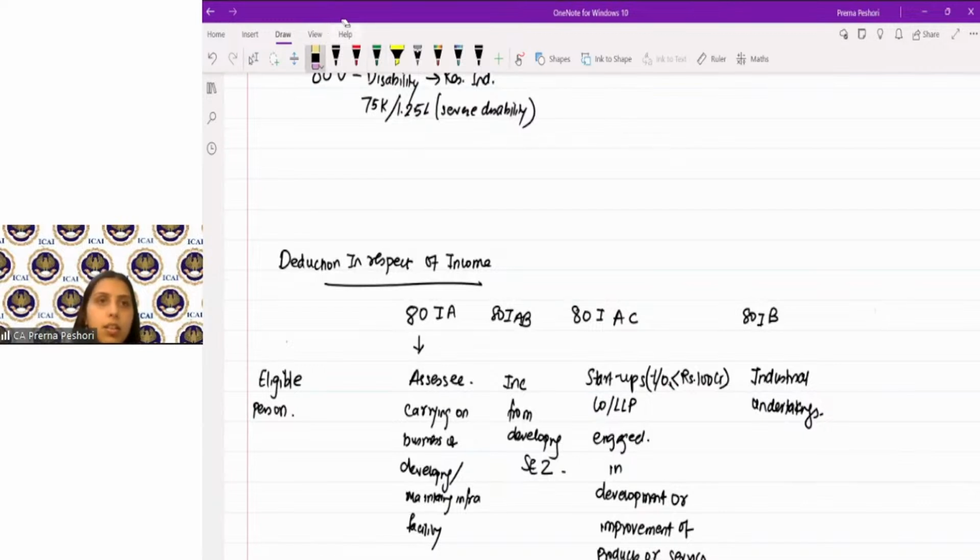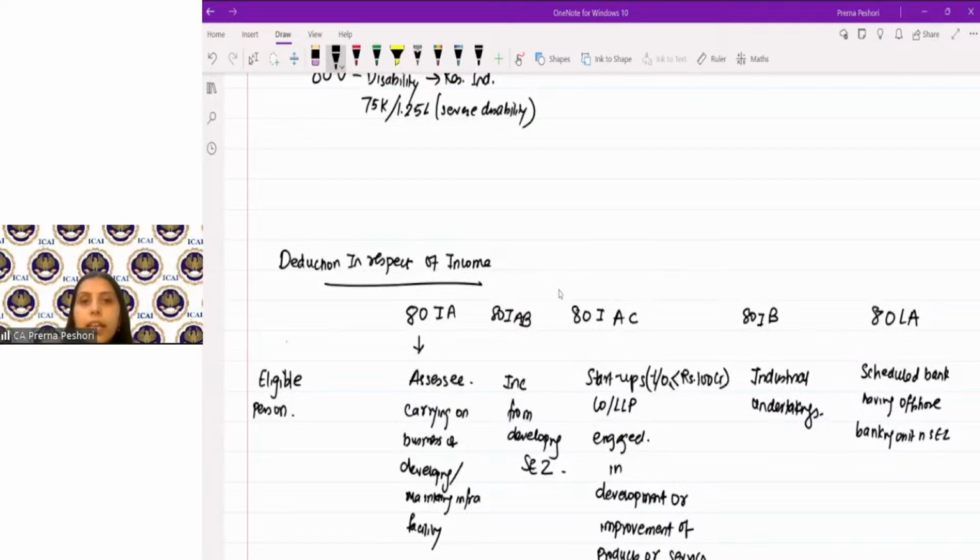1 second. 80LA. Now, 80LA is available to the assessees having the scheduled bank, having the offshore banking unit in SEZ. So, scheduled bank having offshore banking unit in SEZ.